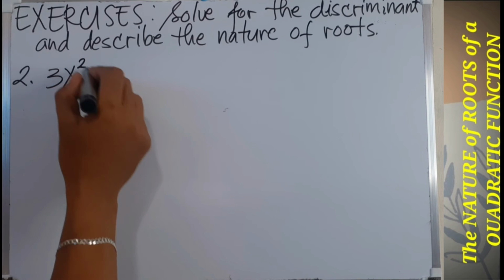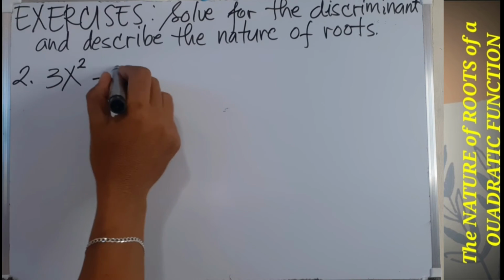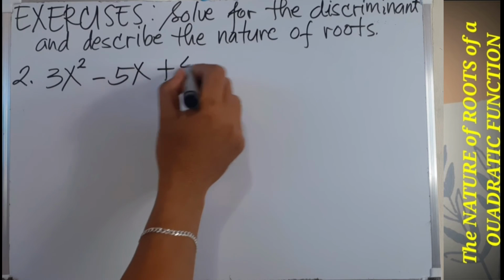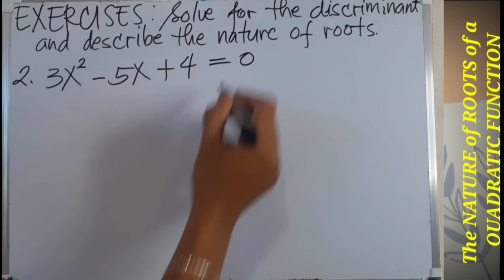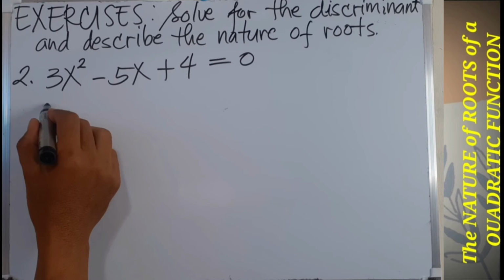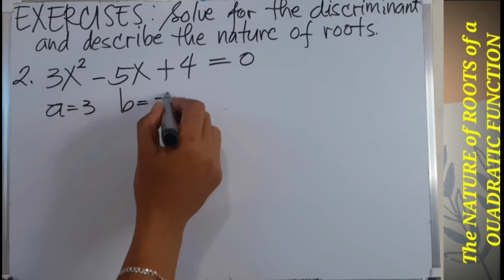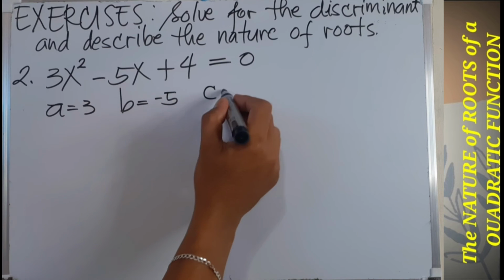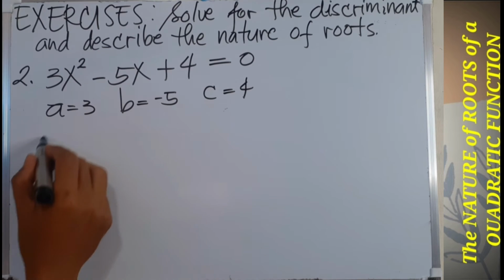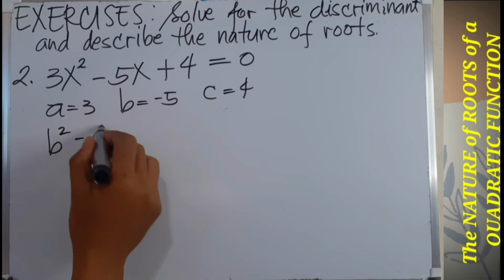Next, exercise number 2. 3x squared minus 5x plus 4 equals 0. Continue now. A equals 3. B equals negative 5. C equals 4. Solve for the discriminant.